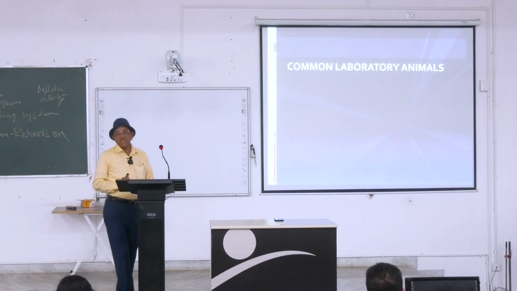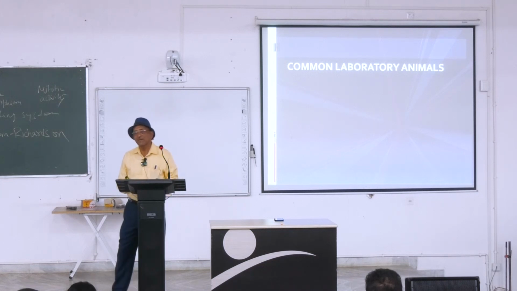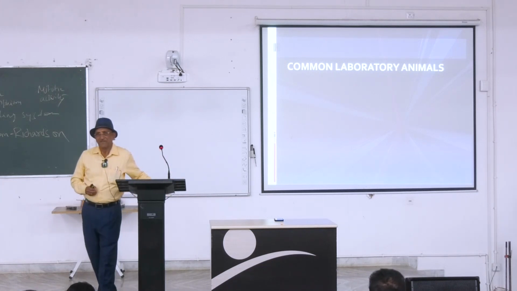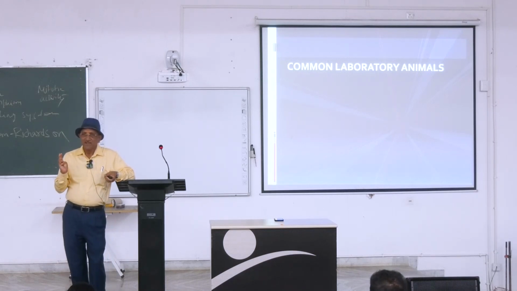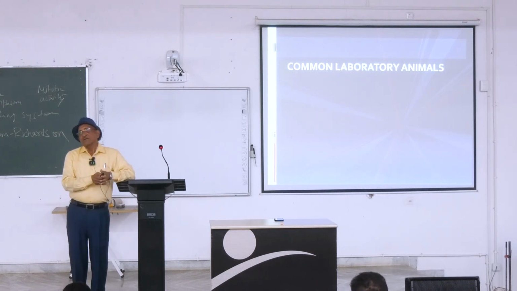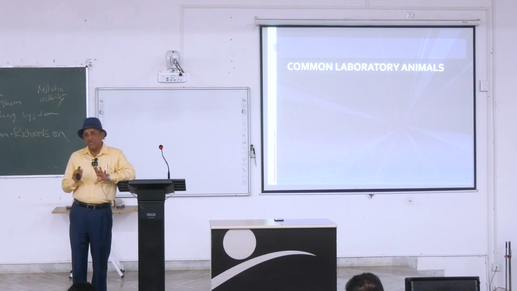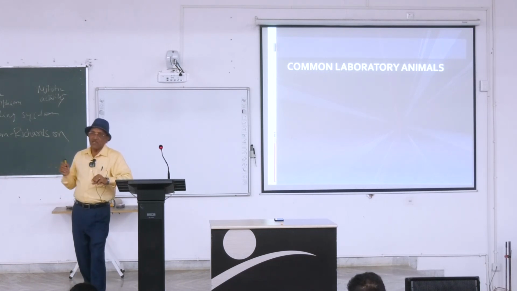Now, can you use any animal? No. Why? Number one, handling of animal is very important. And number two, efficacy. During evaluation of a new drug, we are going to administer that drug on human beings.